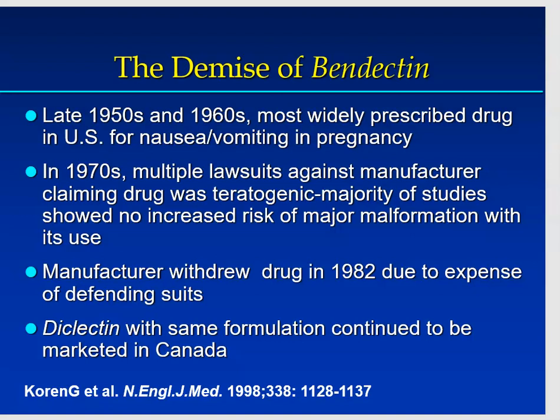However, many of the studies were not well done, and even those that were well done really did not show any increased risk of major malformation of fetuses. Yet the lawsuits persisted, such that in 1982 the manufacturer withdrew the drug due to the extraordinary expense of defending the suits. Diclectin, with the same formulation, continued to be marketed in Canada.